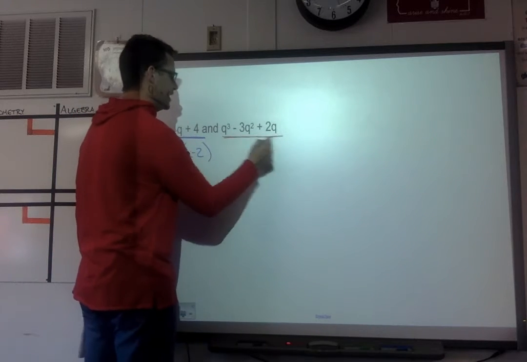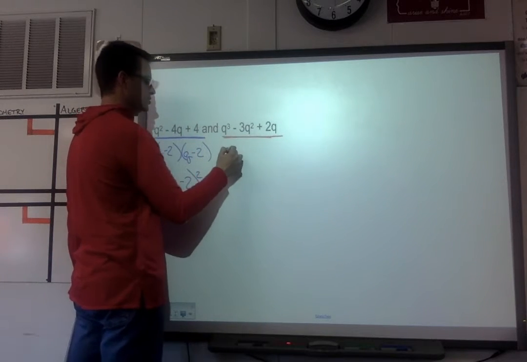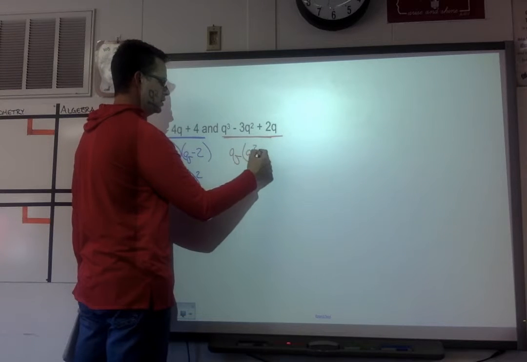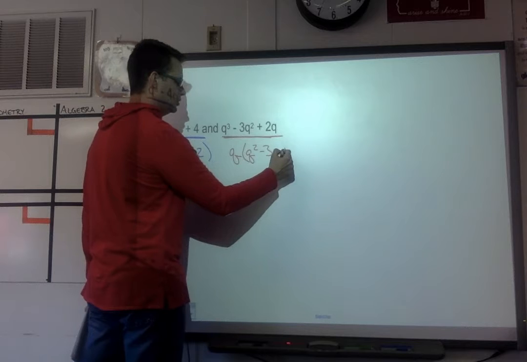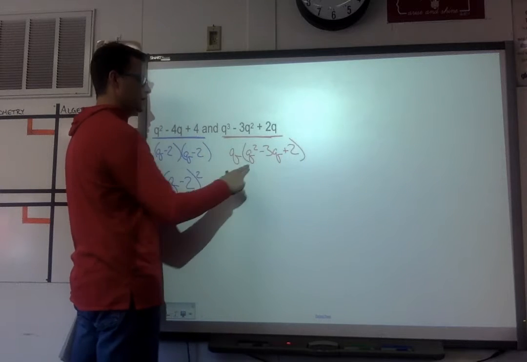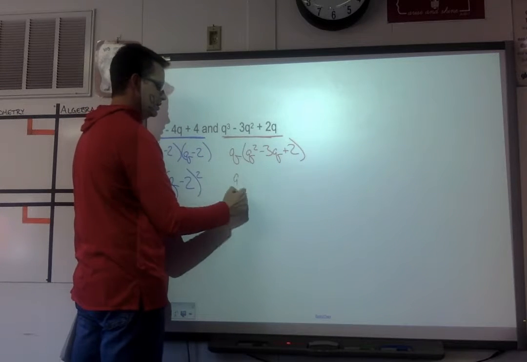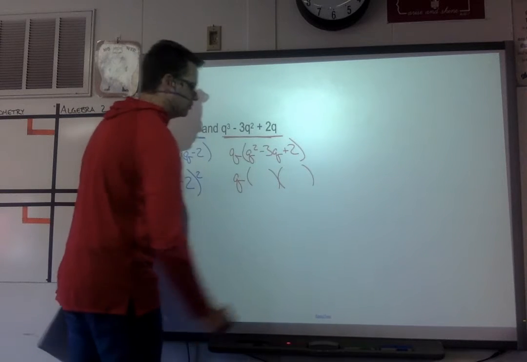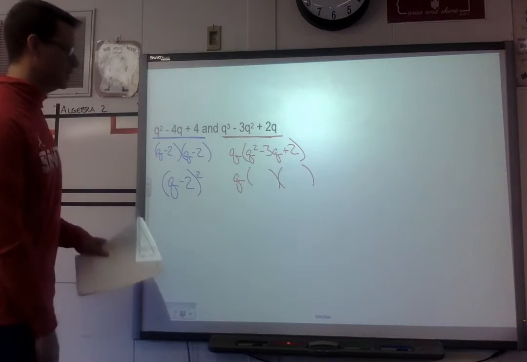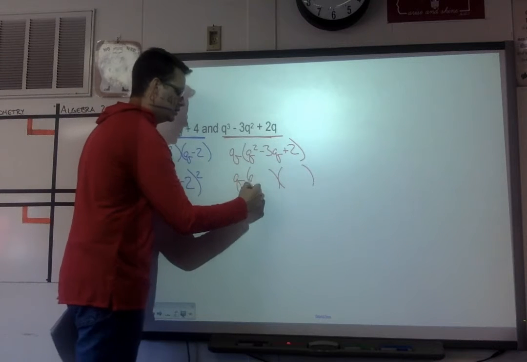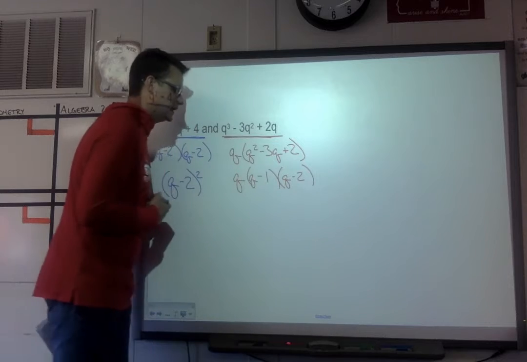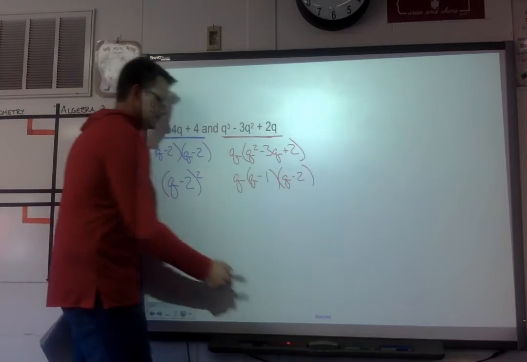Then for my second one, first thing I can do is factor a q out, which leaves me with q squared minus 3q plus 2. Then I need to factor that polynomial. So I need two numbers that multiply to positive 2 and add to negative 3. Those two numbers would be negative 2 and negative 1 in this case.